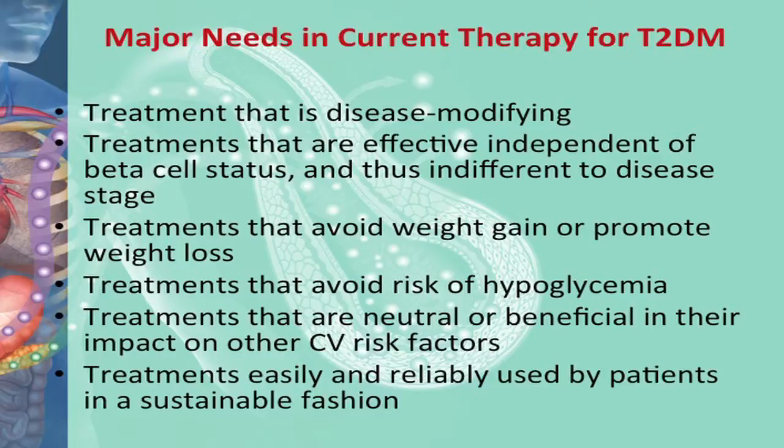We certainly have heard enough about avoiding weight gains and hypos. We want to make sure that we can actually promote, in fact, weight loss. And then we need treatments that are either neutral or hopefully beneficial in their impact on other cardiovascular risk factors. And we need treatments that people are going to stay on, easy to use and reliable in their sustainability.